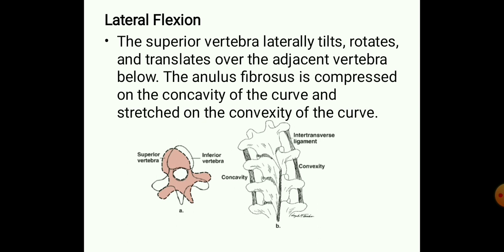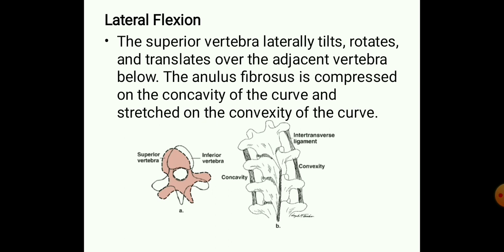And in lateral flexion, the superior vertebra laterally tilts, rotates and translates over the adjacent vertebra below. The annulus fibrosus is compressed on the concavity of the curve and stretched on the convexity of the curve. So this is what happens during lateral flexion. As we said, there is coupling during lateral flexion.